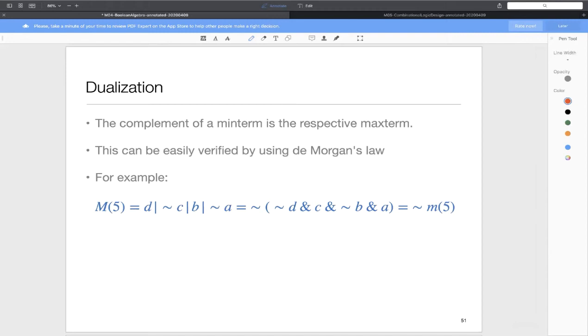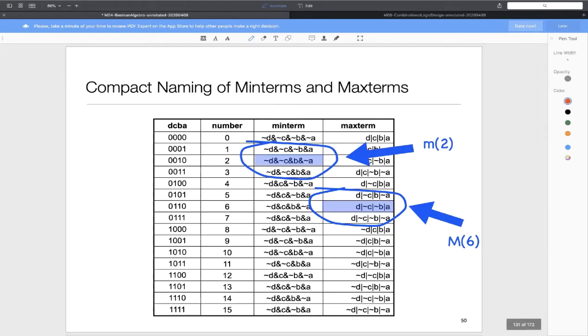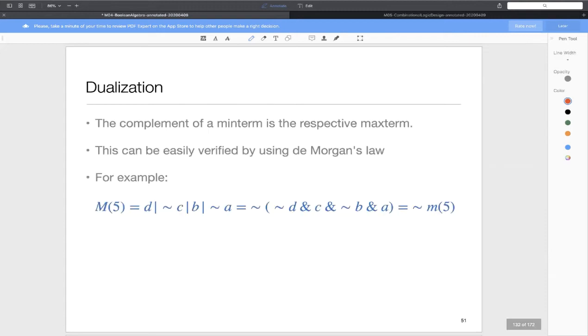One thing you would notice is that the complement of a minterm is the respective maxterm, right? Let's say maxterm number 5. So it is 0, 1, 0, 1, the 5th row.